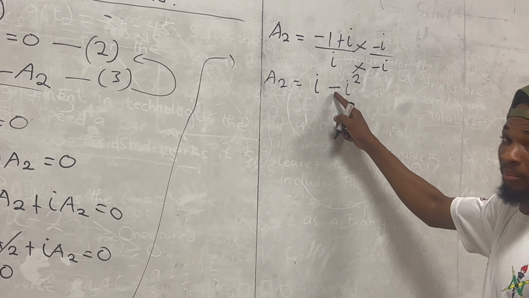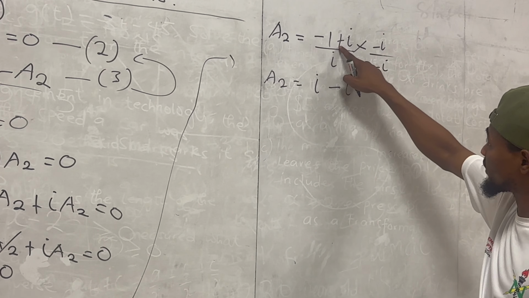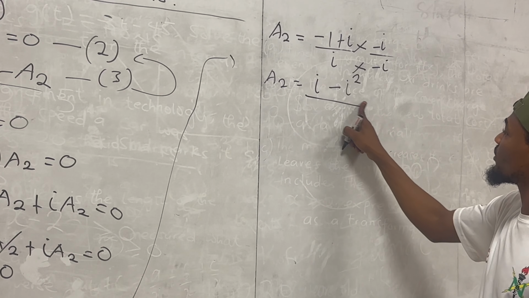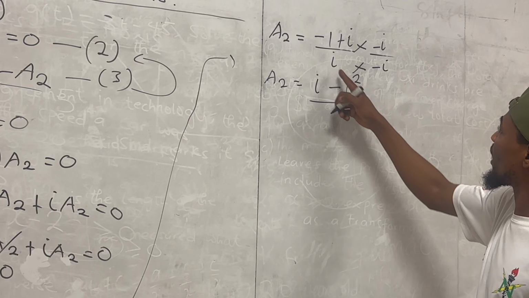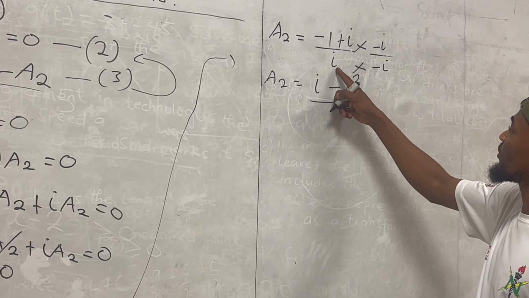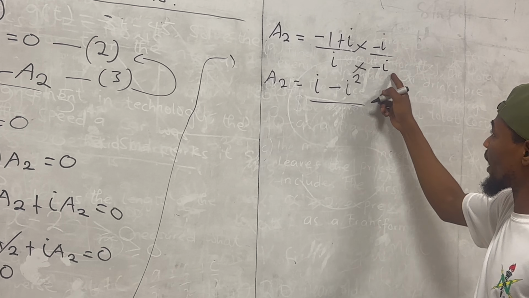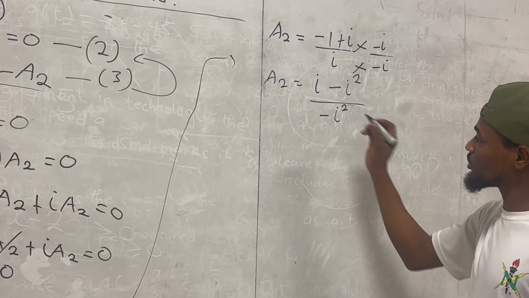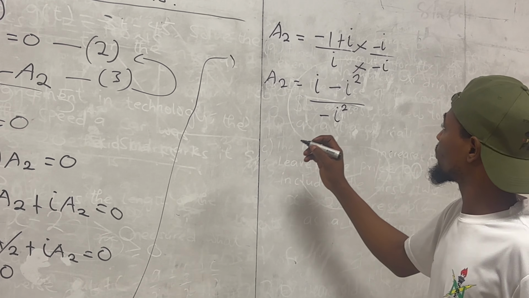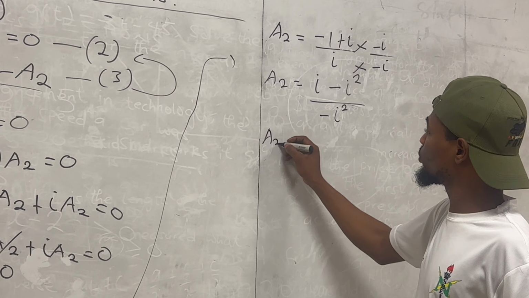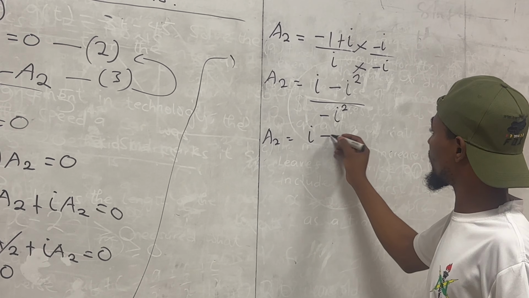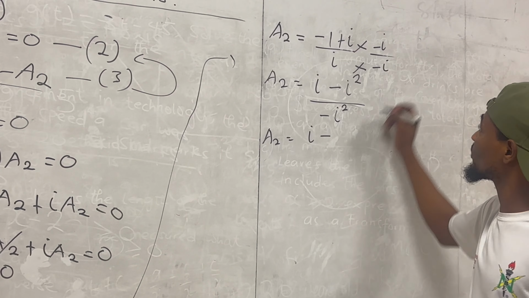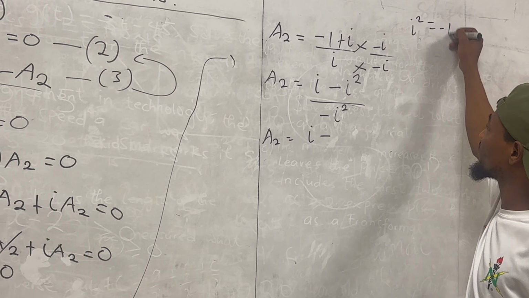I got the negative sign here because negative times positive is negative, and i times i is i squared. All over, i times i is i squared, but I have a negative here, so I attach the negative to it. So A2 is equal to i minus i squared, over negative i squared. i squared is equal to negative 1.